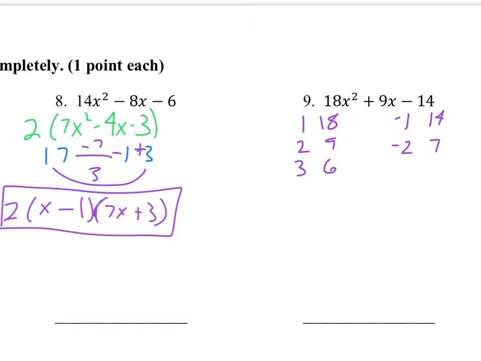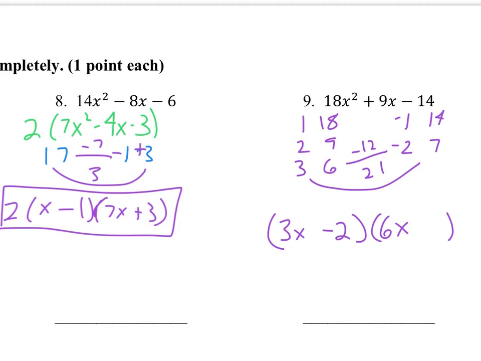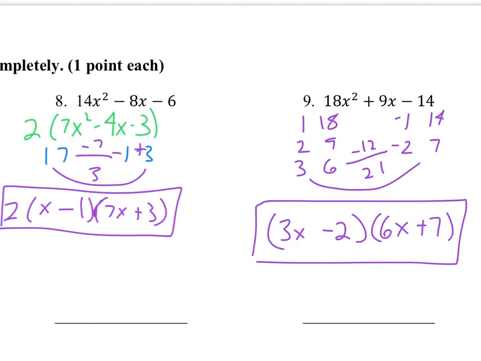And really the way we end up getting this to work is we have a negative 12 here and a positive 21 there. That's how we get to our positive 9x. So we know we would have a 3x and a 6x. And let's see, the 6 multiplies the negative 2, so minus 2 goes there, plus 7 goes there. I missed putting it on the line again, but there you go. That's the answer for number 9.